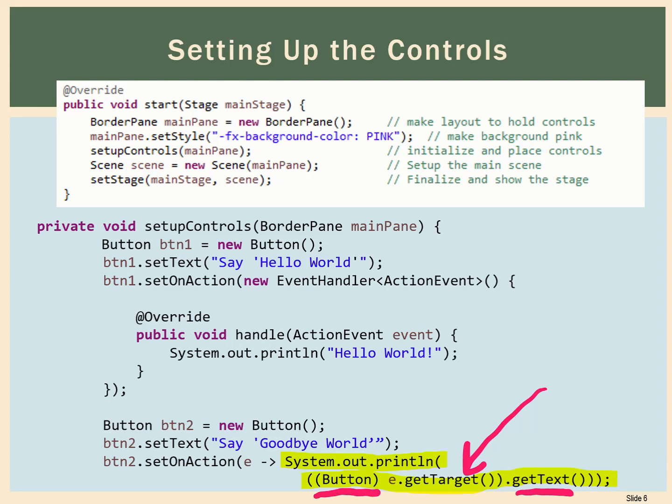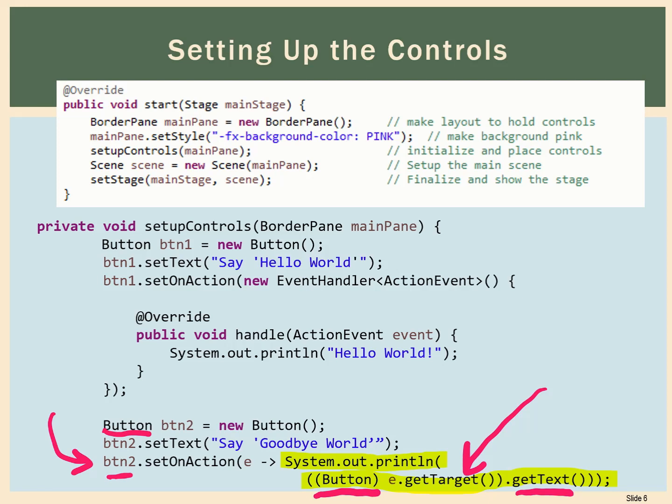And that's actually pretty safe for me to do, because why? I am casting it to be a button right in the code where I'm using button 2, which happens to be a button. So that's a little trick that you can do to get more specific information about the control that was pushed.